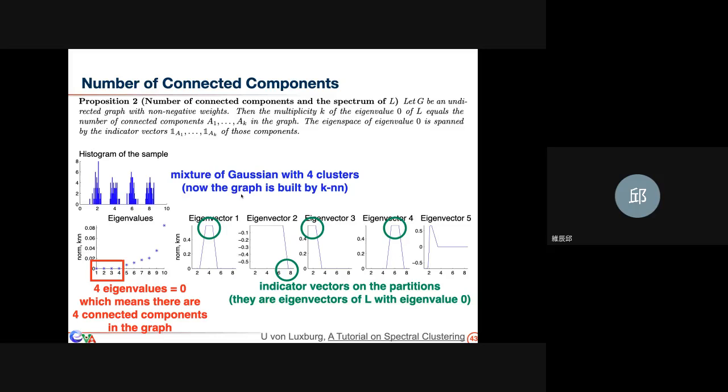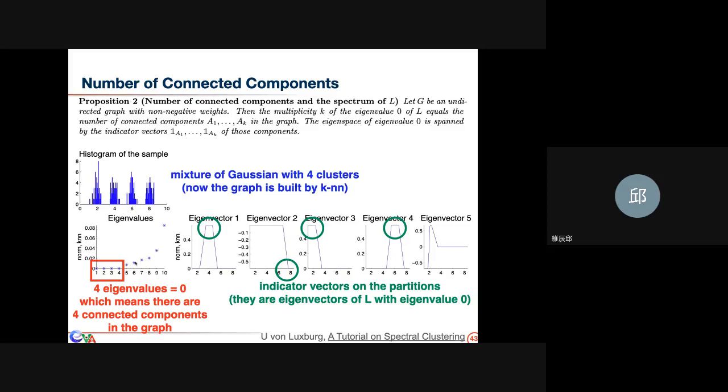That can be easily verified if you build up this data set on your own, and based on this data set, you build up the similarity graph. Then you compute the corresponding graph Laplacian matrix and do the eigen decomposition, and you will find there are four eigenvalues equal to zero, and all the other eigenvalues are bigger than zero.